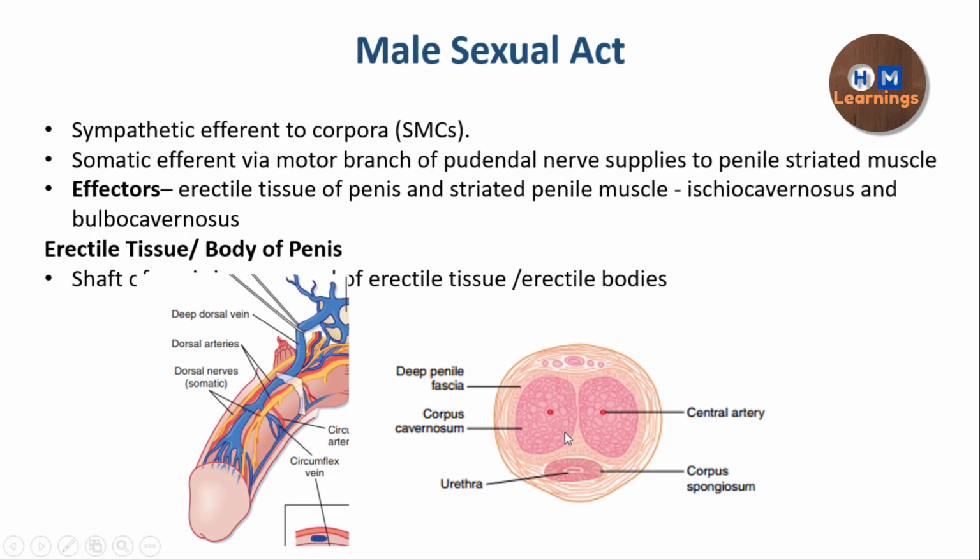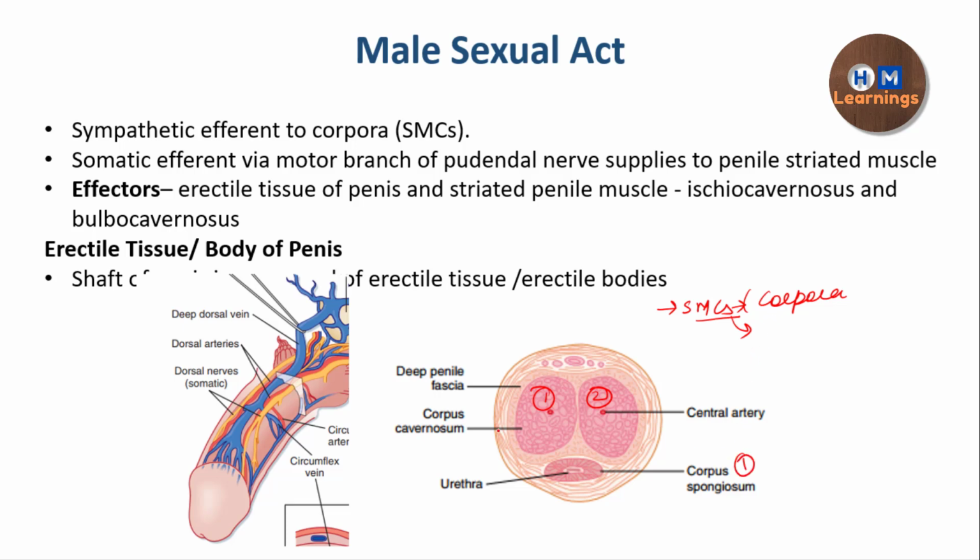So what is this erectile tissue composed of? Erectile tissue is basically a complex network of tissues, consisting of smooth muscle cells, which are also called corpora. So you can see there are 2 corpora cavernosa, 1 and 2. And another smooth muscle tissue is present here, which is the corpus spongiosum.